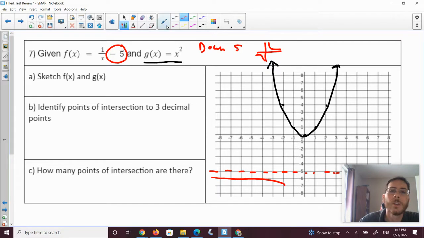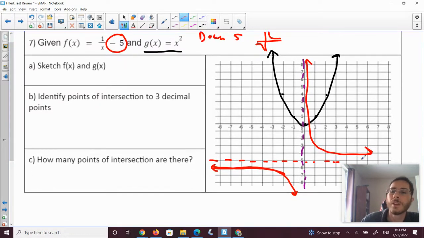But we got to find our other vertical asymptote at 0. Let's get that in quick. There we go. All right, so we're going to look like this. And we're also going to look like this. Looks like I'm in the way a little bit. Did I draw? Okay, good. Let's clean that up. All right, so we can see that we're intersecting just once here.